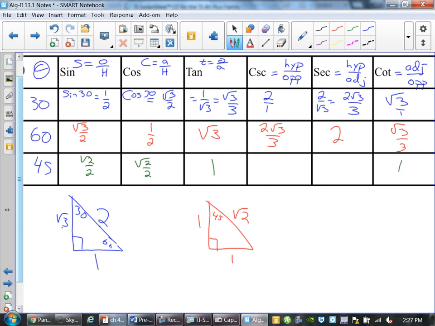Inverse of tangent is cotangent. Cotangent would be adjacent over opposite. Well, it's still going to be 1 over 1. All right. When I go to do the cosecant and secant, hypotenuse over opposite, root 2 over 1. Okay.